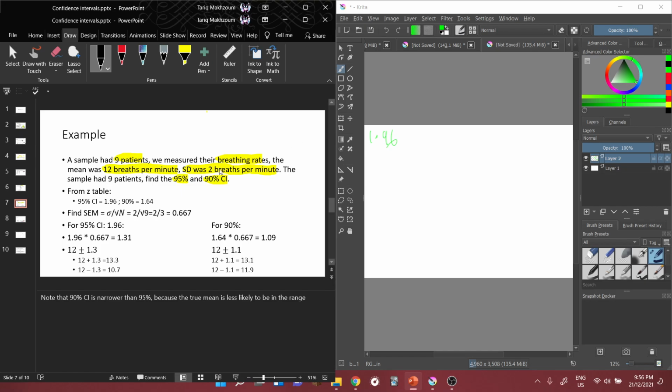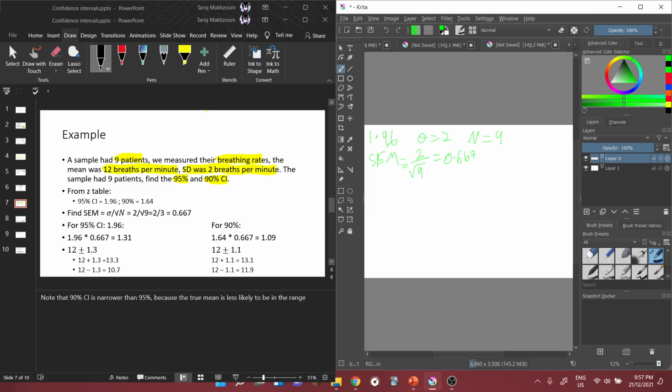So in this case, our standard deviation is 2, and our sample size is 9. So our standard error of the mean is going to be 2 divided by the square root of 9, or 0.667.